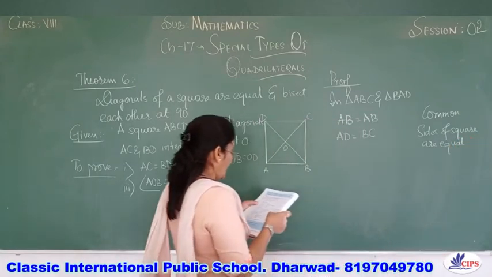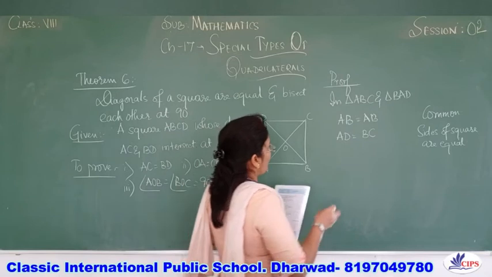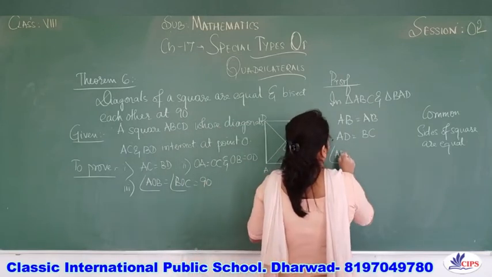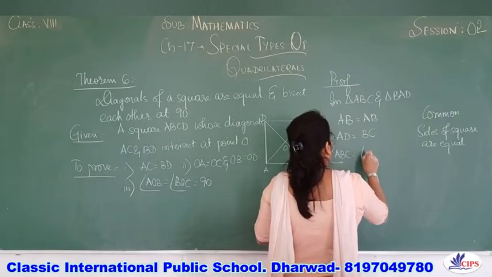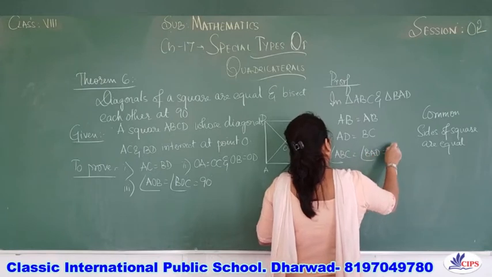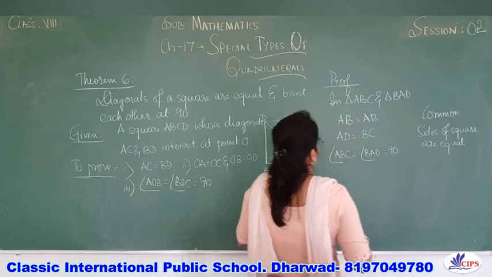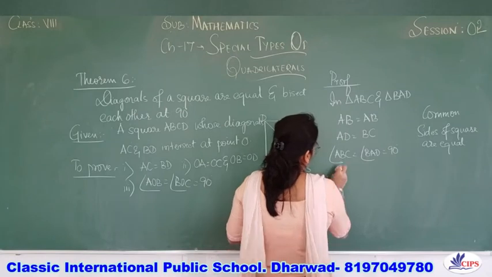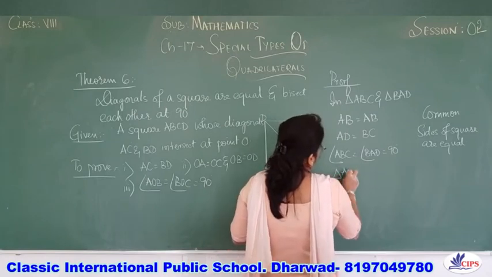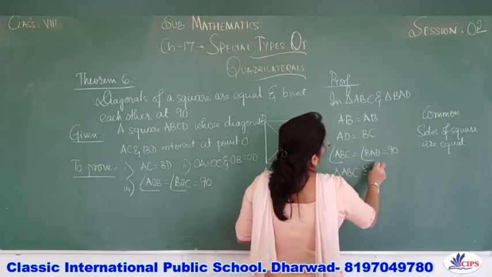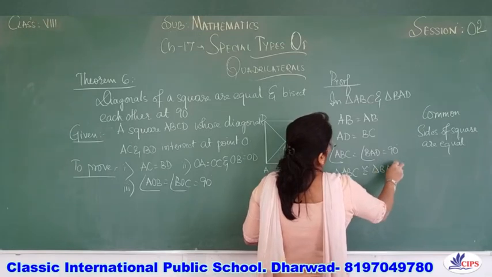Next, angle ABC is equal to angle BAD, which is 90 degrees.